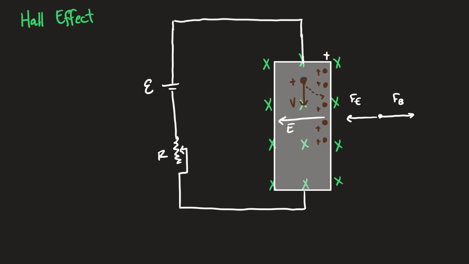So eventually, I'll get this stable group of charges pressed to the right, suggesting that there will be a potential difference between both sides of my strip. Right?